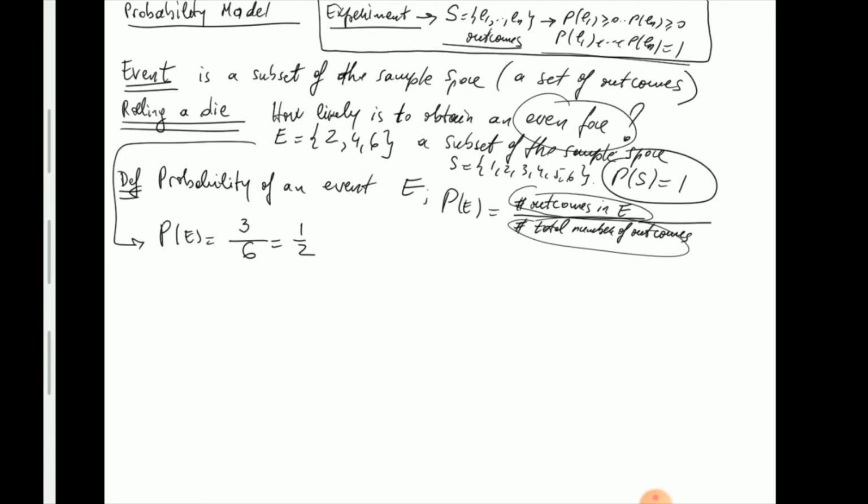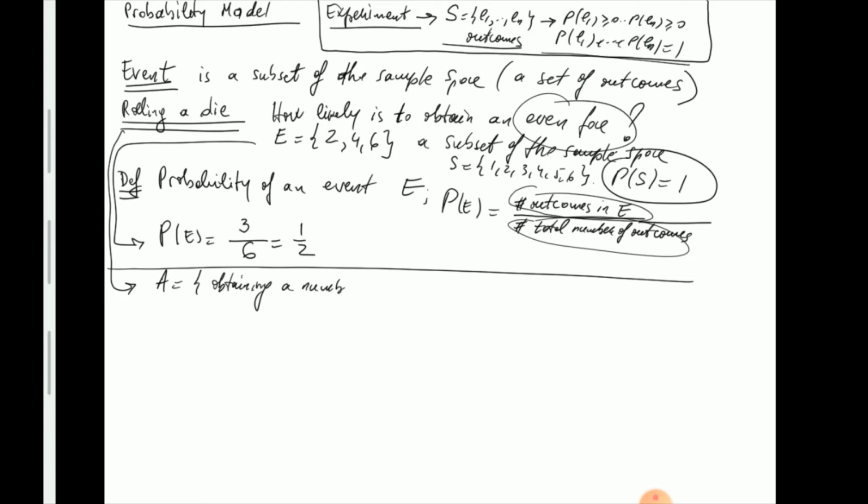Let's move on with a couple more examples just to fix the notion here. Let's say, also with rolling a die, using the same experiment, I want to know the probability of the event A, obtaining a number greater than or equal to 5.